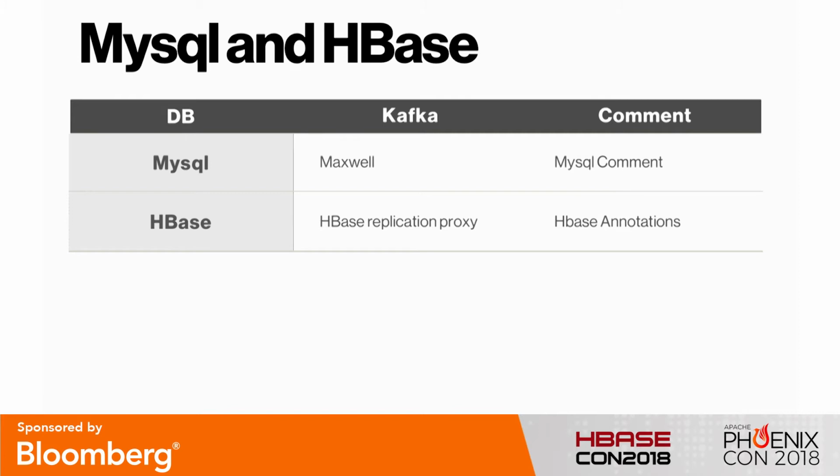It reads the binlog and publishes the binlog to Kafka. And MySQL comment is a feature with which you can add some custom information to the SQL query, and it will be part of the binlog, but it will not be stored in the actual data.